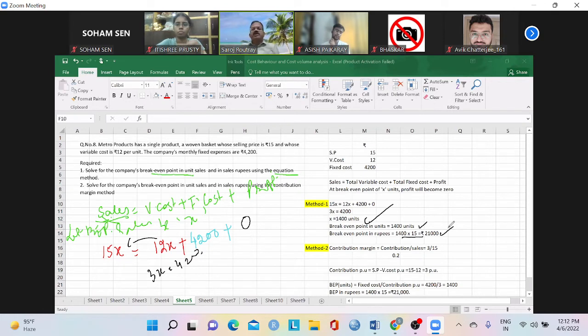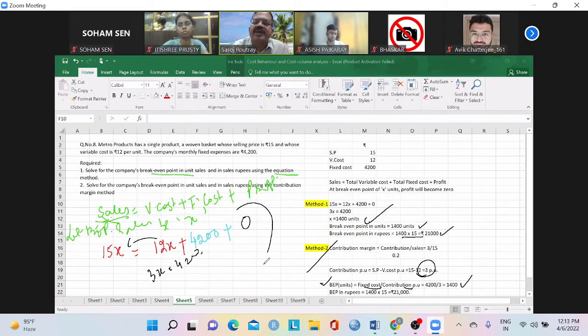So this is the standard equation we will be using wherever. If you are given that you have to earn 10,000 profit, I will put 10,000 as profit instead of writing 0. So that will be my standard equation. If not this, then I will use fixed cost divided by contribution per unit. So fixed cost 4,200 divided by contribution per unit 3 is 1,400. There is no difference. It is given in formula but derived from this equation.